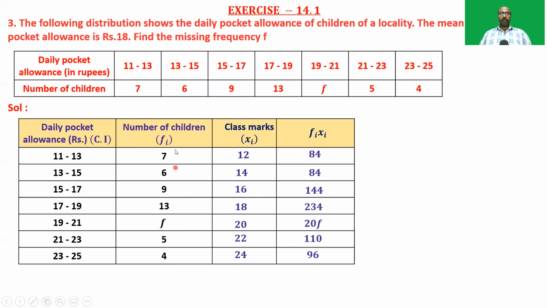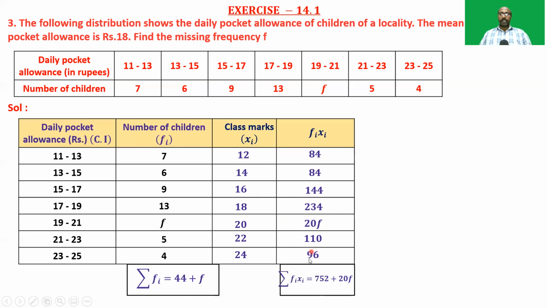So the sum of all these frequencies is 44 plus F. So sigma Fi is 44 plus F, and by adding all these values we get sigma FiXi is 752 plus 20F.